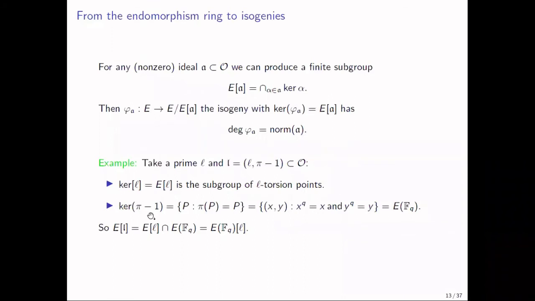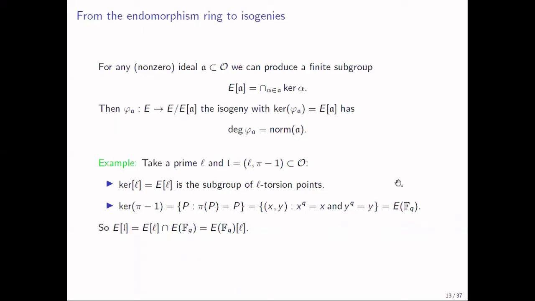And this is easy to compute because that's just the points that are fixed by Frobenius, which are the points such that x to the q is x and y to the q is y, which is the group of rational points. Okay, so this new torsion subgroup, which is the intersection of the L-torsion points and rational points, is just the subgroup of rational L-torsion points.